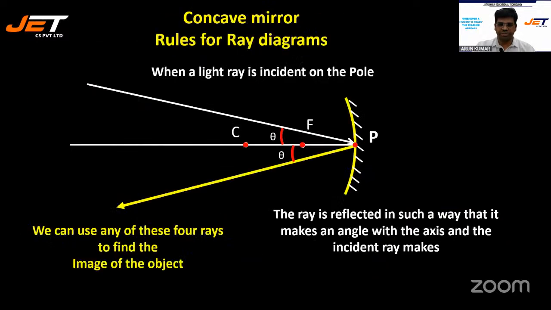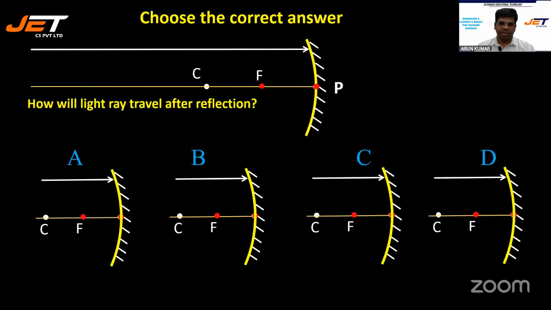Yeah, students, here is the objective exam. Let's be quick. Here's the question in front of you. How will the light ray travel after reflection? Choose the correct answer. Does it travel like A, like B, like C, or like D?